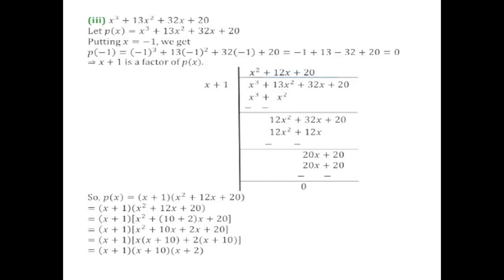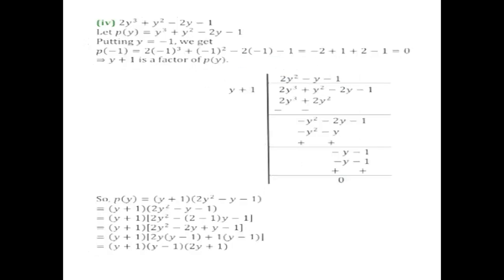So the final line would be all the three factors: x plus 1, which I have obtained by the trial and error method, and x plus 10 and x plus 2, which I have obtained by the middle term splitting of x squared plus 12x plus 20, which is my quotient. I hope the solution to this particular question is clear to everyone.